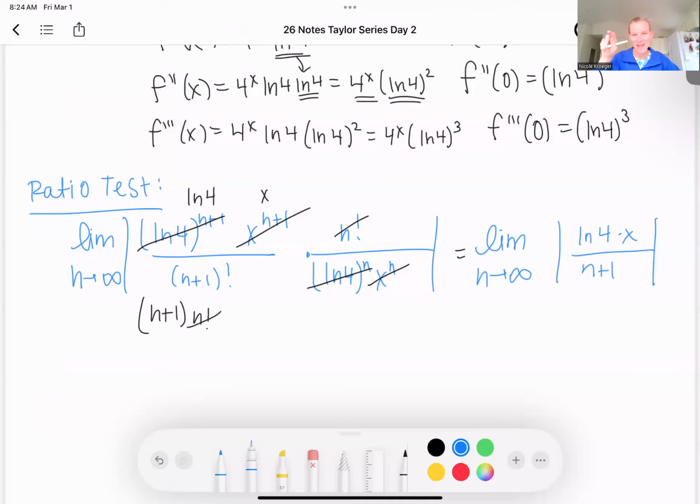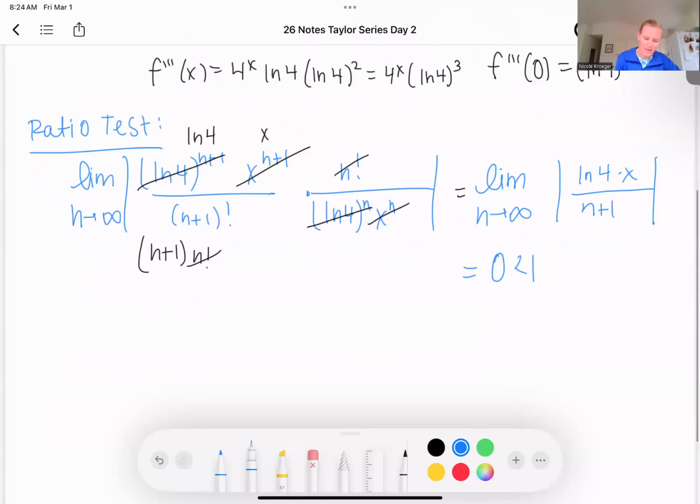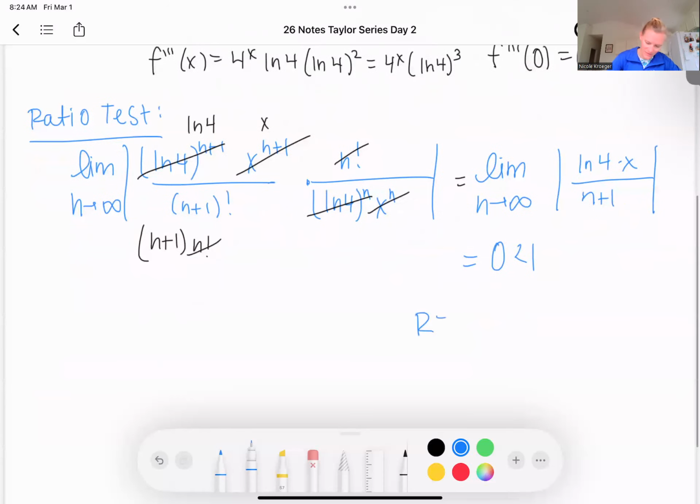When I plug infinity in for n, I have infinity in the denominator and no infinities in the numerator. So this is going to give me 0 out. 0 is always less than 1. So this power series, this Maclaurin series, converges for all x. We're asked for the radius of convergence, so the radius is just infinity.